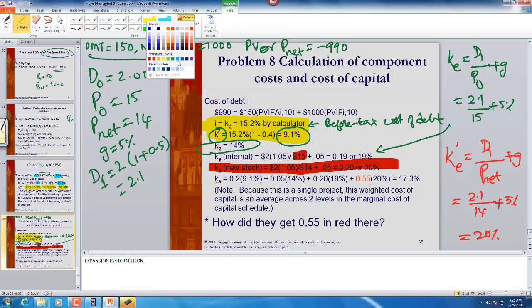We know the weight of debt is 20%, because they told us there in the target capital structure. We know the weight of preferred is 5%. And of course, you all know the after-tax cost of debt is 9.1. The cost of preferred is 14. Now, we come to internal equity and external equity.